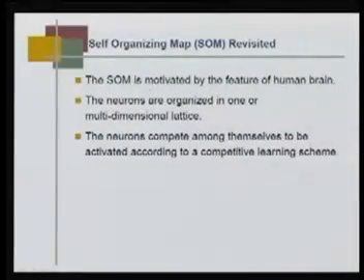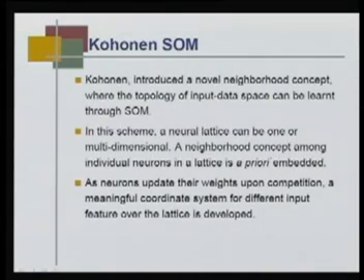Now we will talk about the self-organizing map, which we have already studied in an earlier class. The SOM is motivated by features of the human brain. Neurons are organized in a one or multidimensional lattice. The neurons compete among themselves to be activated according to a competitive learning scheme.